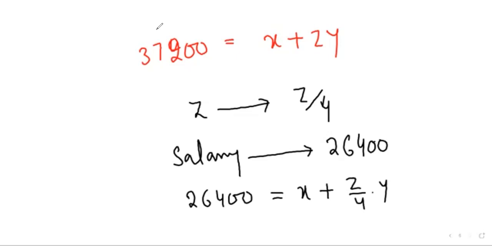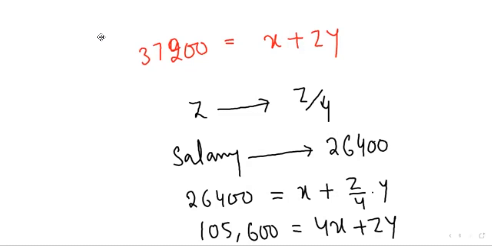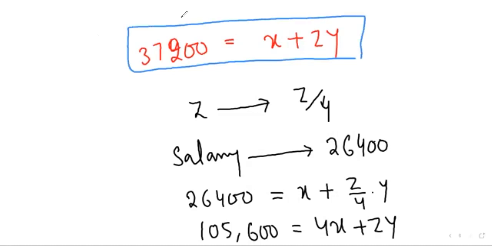It would become 4x plus zy, and we know that we can find out x value from here by moving zy to the right hand side, and then we can plug it here.